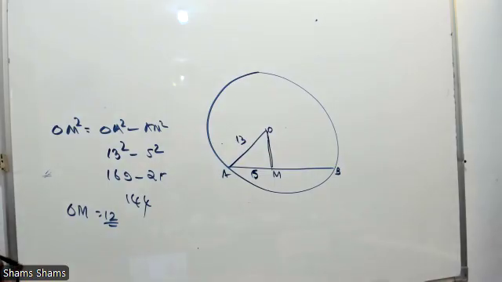AM equals MB equals 5 centimeter. Reason: the perpendicular from the center bisects the chord.